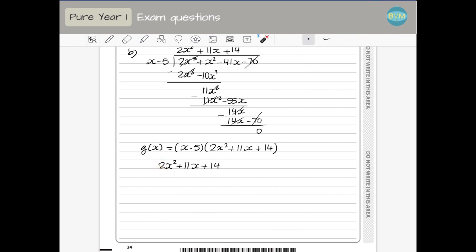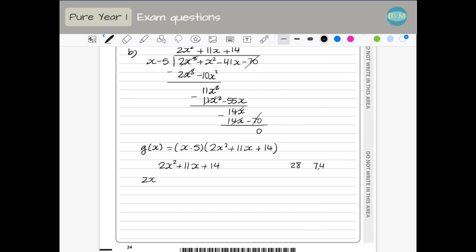Remember, when the coefficient is different than 1, I'm going to look for a pair of numbers that multiplied give me 14 times 2, which is 28, and added together give me 11. So I'm looking for two numbers that multiply together to give 28 and added together 11, which is quite quick to find, it is 7 and 4.